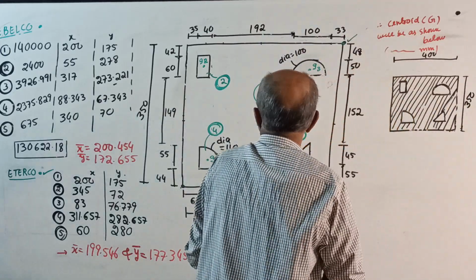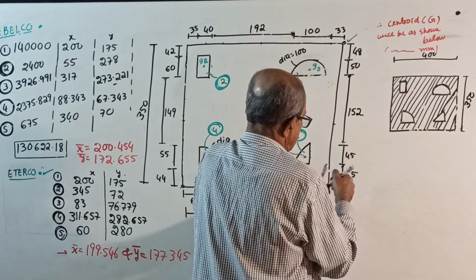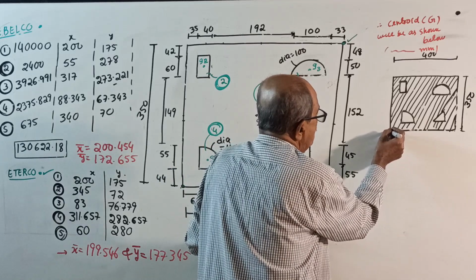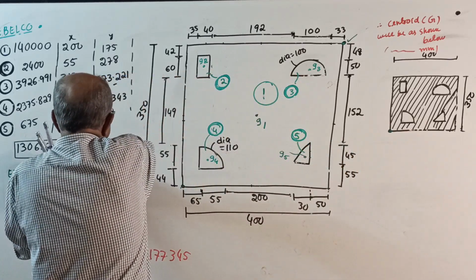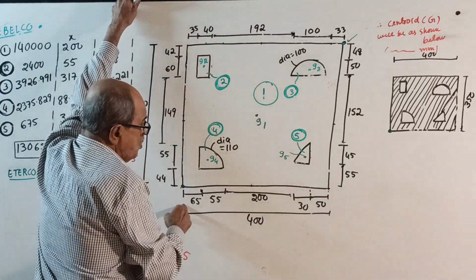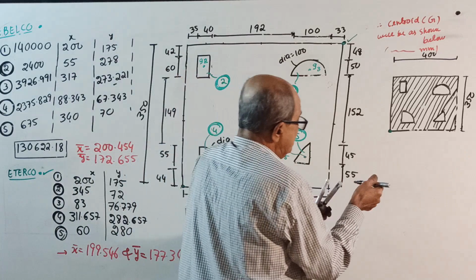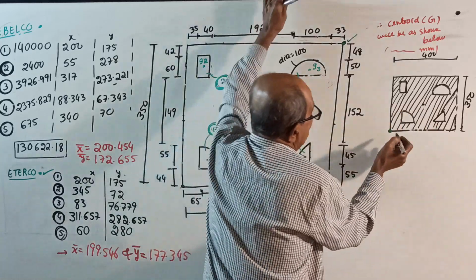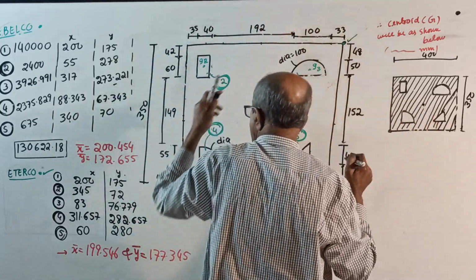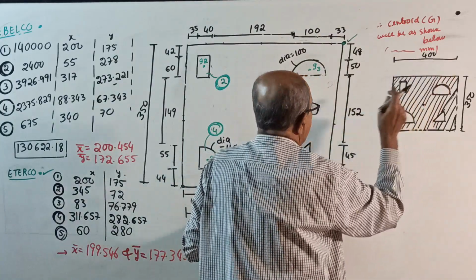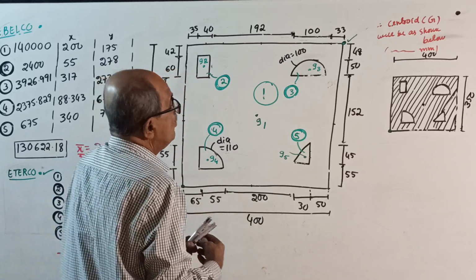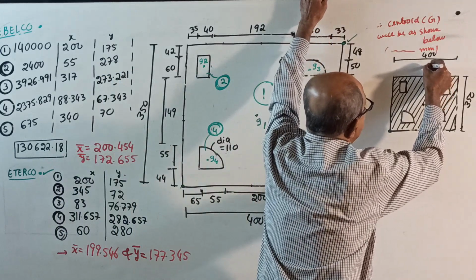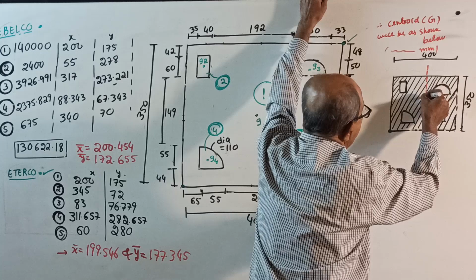Now this is your Abelco dot. X bar is 200.454. Total is 400, so imagine the center of the rectangle is here. From here to the center of the rectangle is 200. How much did you get now? 200.454, slightly, minutely to the right side of the center of the rectangle, very, very minute.